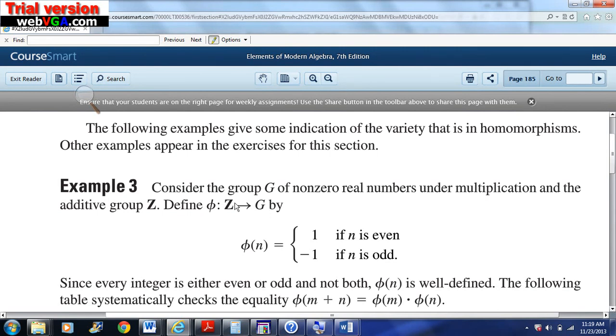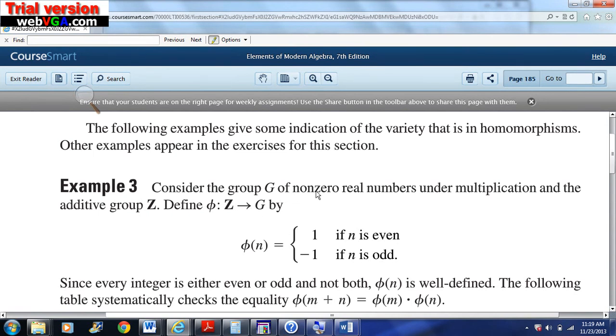But here we have Z that's being mapped into G. So the Z is really taking the place of the G, and the G is taking the place of the G prime. So we're mapping from Z into G.